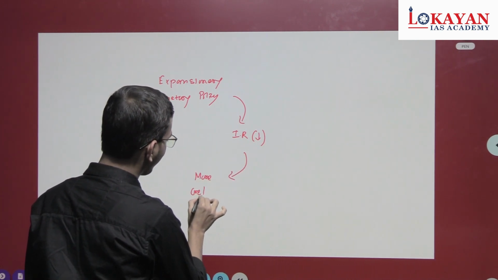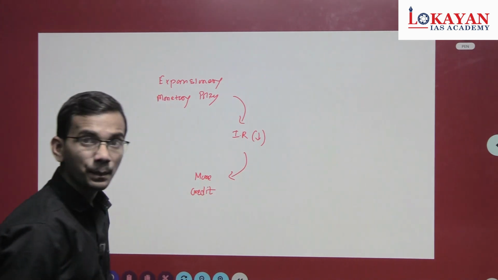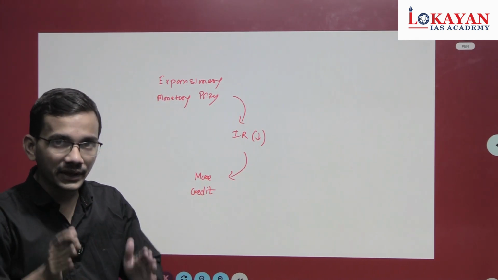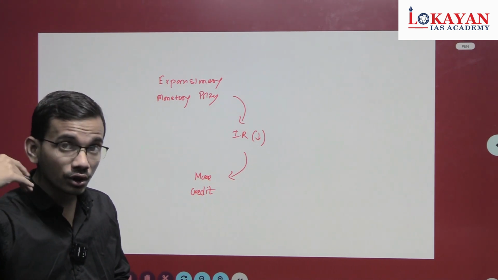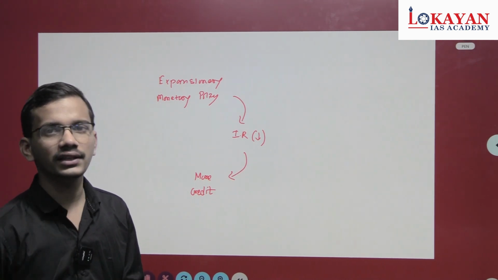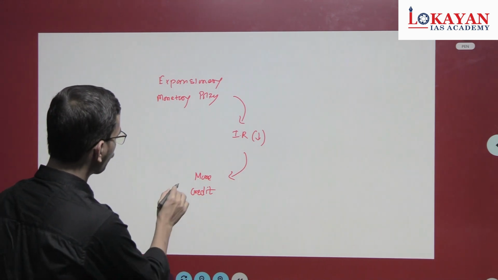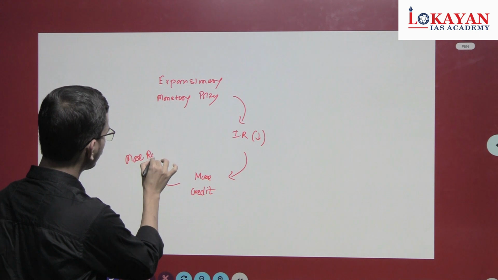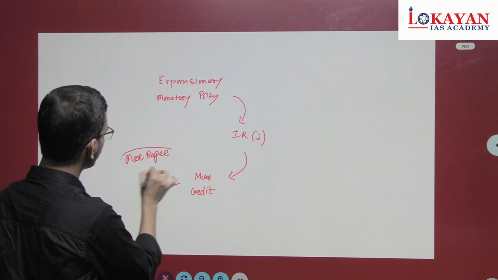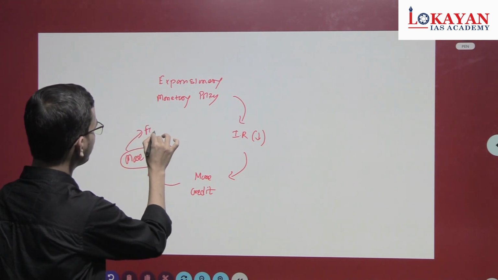So more credit availability, and more credit means more rupee in the market. As per the demand supply law, the more rupee in the market, its value will further depreciate. So more rupee, further depreciation.